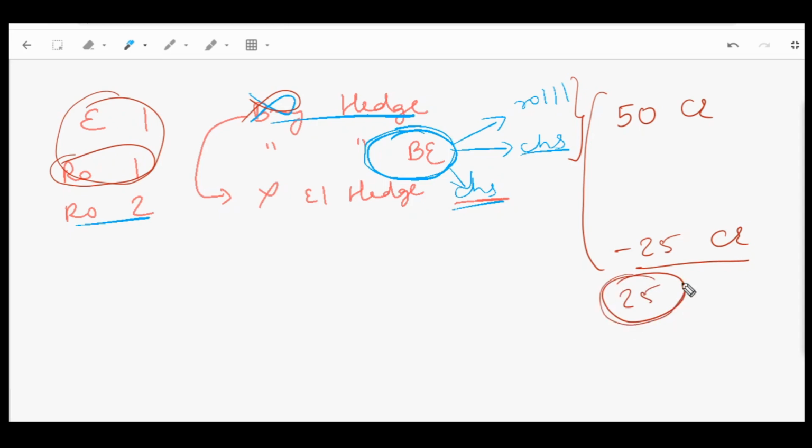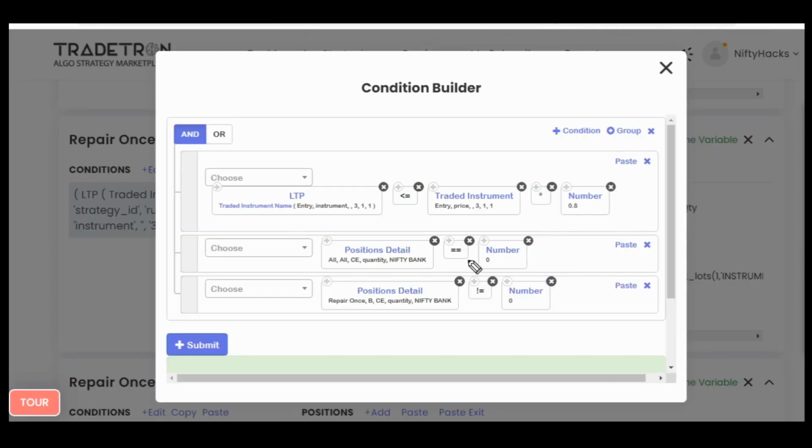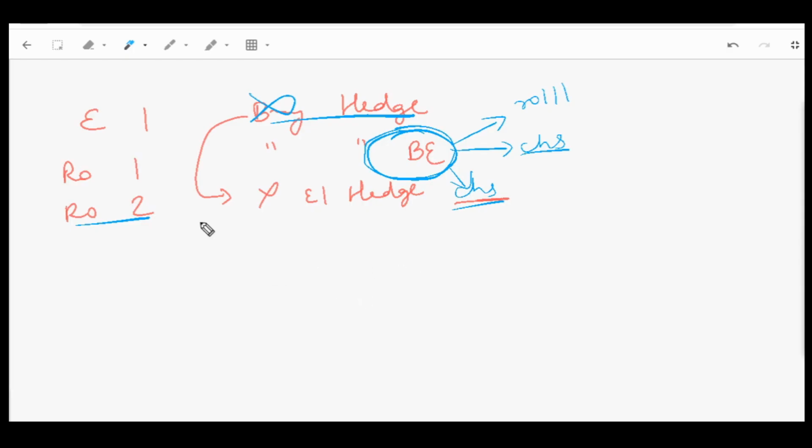If it is 25, we don't want to proceed further with adjustments. So if you had not exited the first hedge, Tradetron would give you a value of 25, which would not be equal to 0, so this repair ones would not happen. That's why I am using all call quantity is equal to 0, which basically means we have exited the previous hedge. Another thing is, suppose this adjustment happens on Friday, normally at 3 p.m.